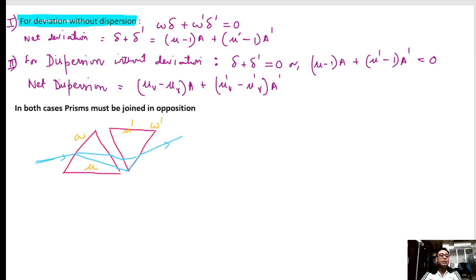Sorry, I've drawn the wrong diagram. One minute. We are doing deviation without dispersion, so dispersion will not be there. So let's first, one minute.